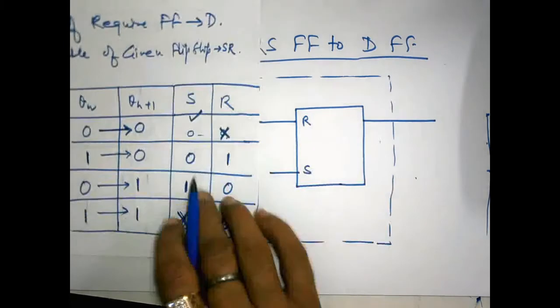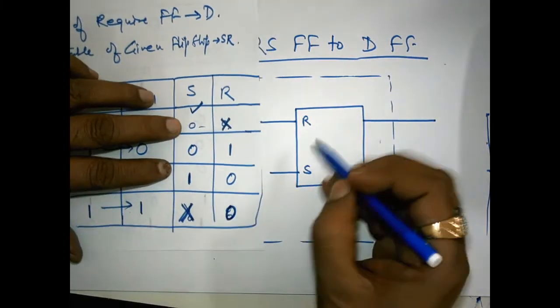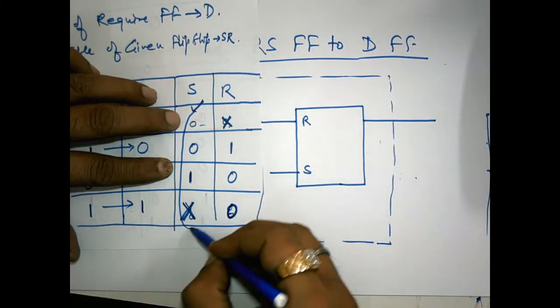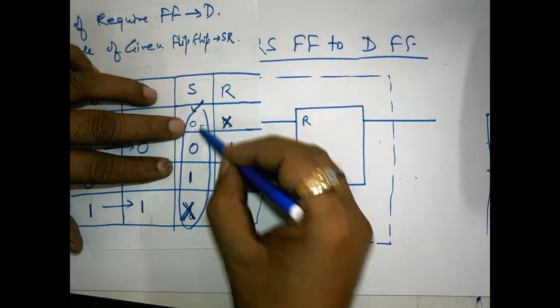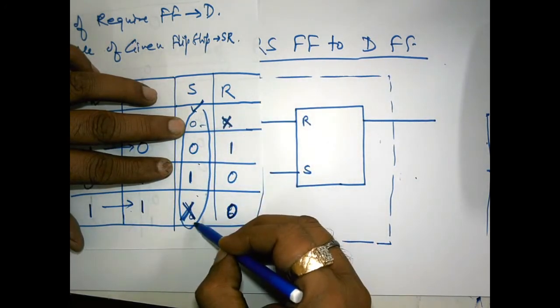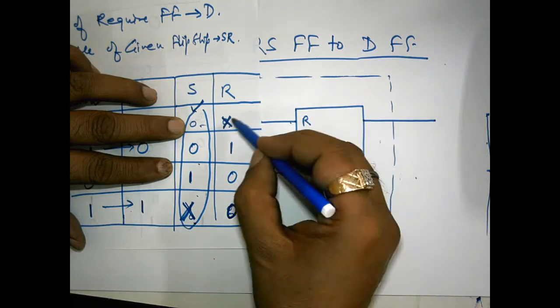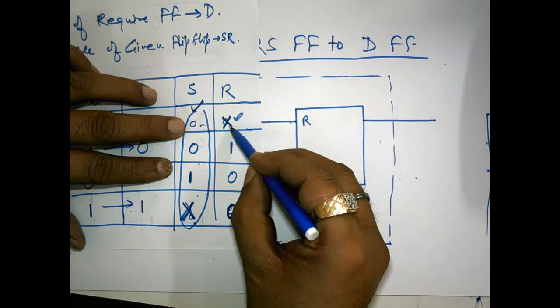At S input we apply 0, 0, 1, 1, 1 or don't care, and at R input we apply don't care, 1, 0, 0.